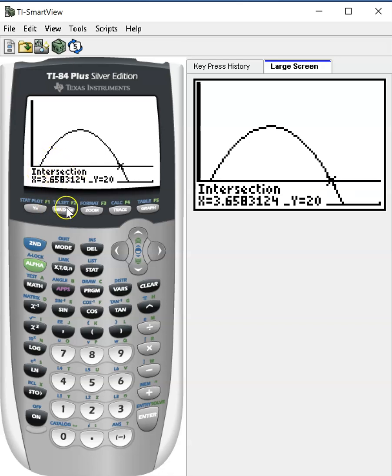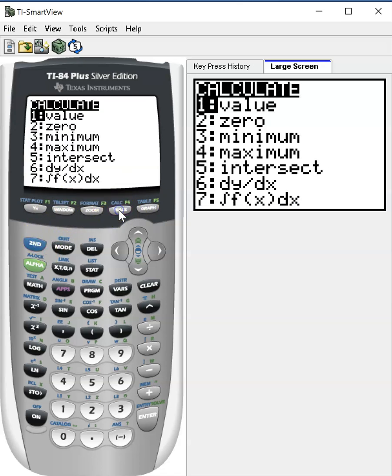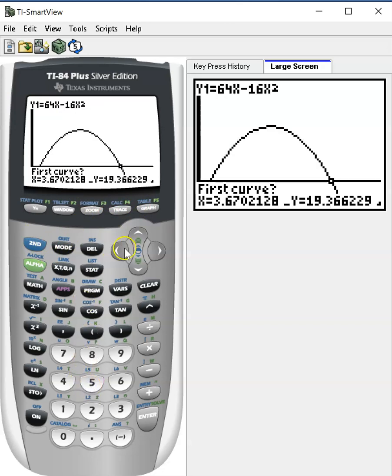Now if I want to find the other point of intersection, this point over here, I have to do that whole process again. So I hit second, calculate, choose intersect again, and then I have to move all the way over here close to the other point. I need my cursor to be closer to this other point of intersection.